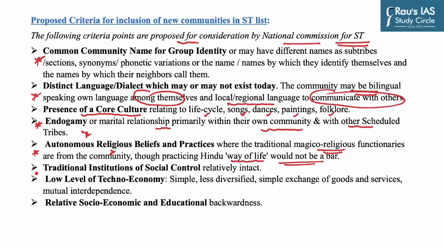Next suggested criteria is to include such communities which have a traditional institution of social control relatively intact. Communities which exhibit a low level of techno-economy, that is simple, less diversified, simple exchange of goods and services and mutual interdependence. And the last criteria which should be adopted is relative socio-economic and educational backwardness.